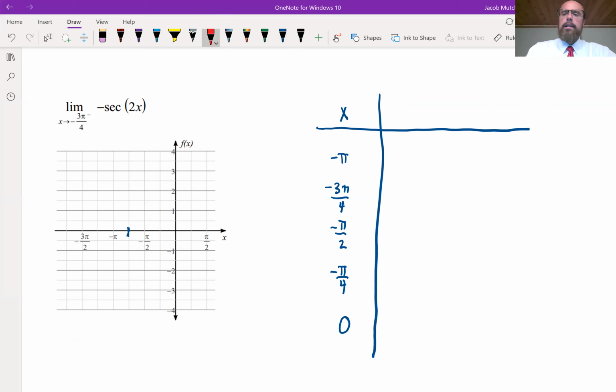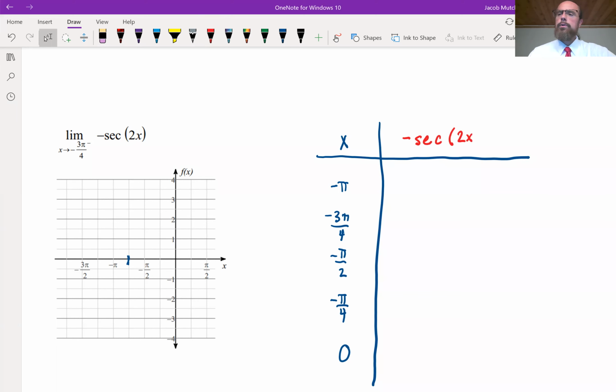So we're looking at negative secant of 2x. And so what I would like to do at this particular function is calculate its y values using the unit circle. So we need to remember the definition of secant. Secant of x is the inverse of cosine of x.